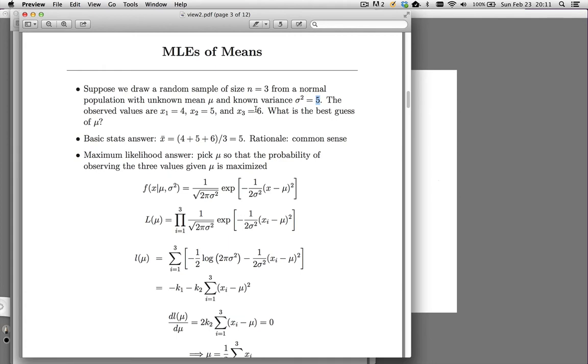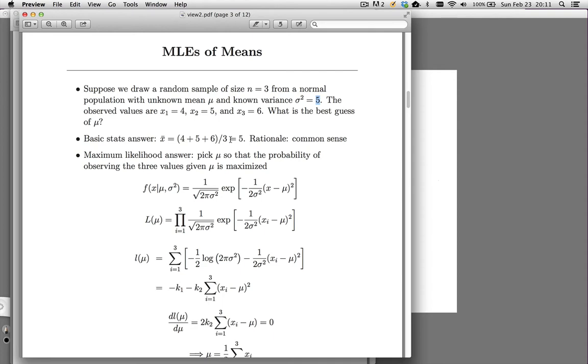Well, the basic stats answer would be add them up, divide by 3, and I guess the rationale for that's common sense. Actually, this is another method of estimation called the method of moments, which you'll study in another stats class, but that's the more formal rationale for using X bar. But let's try to do this with maximum likelihood estimation.